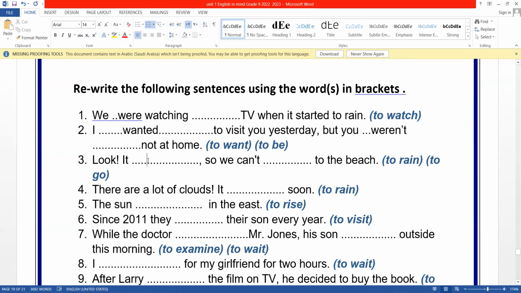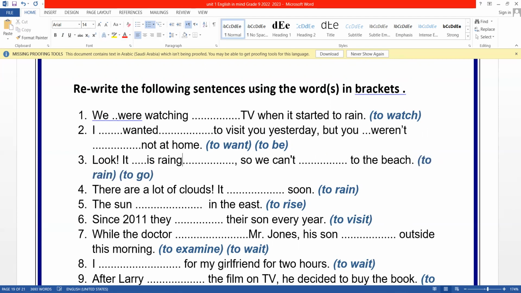Look, it is raining, so we can't go to the beach.